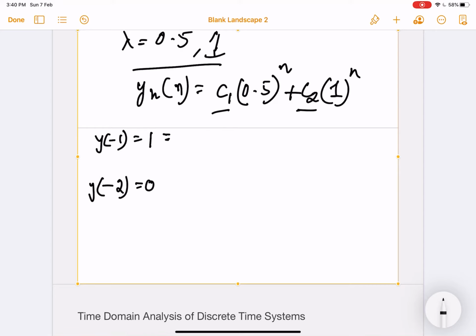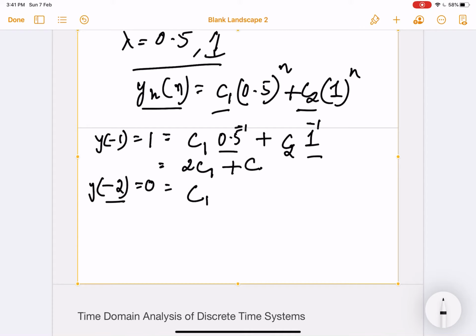So if we put n is equal to minus 1 in this equation, we get C1 into 0.5 to the power minus 1 plus C2 into 1 to the power minus 1. 0.5 to the power minus 1 is 2, so it's 2C1 plus C2.